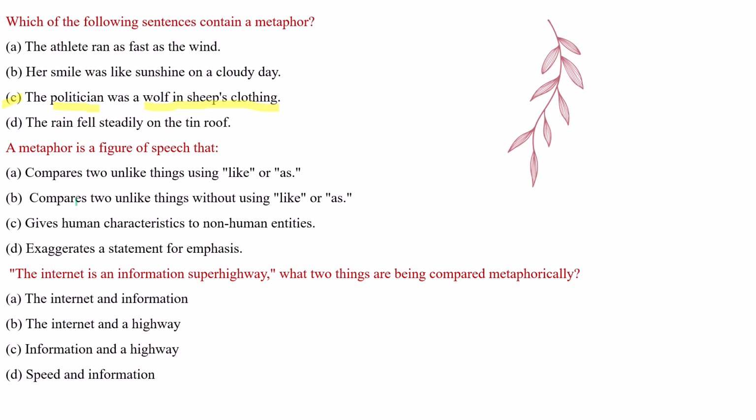Next question. A metaphor is a figure of speech that compares two unlike things without using, remember this, without using like or as. Okay, next question. The internet is an information highway. What two things are being compared metaphorically? So here the answer is internet and highway.